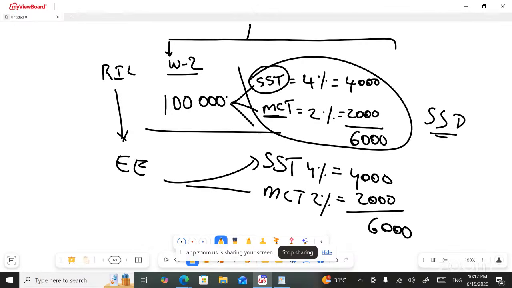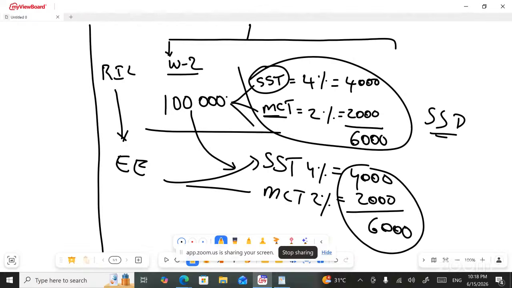So this is the scenario we have to follow. In our case, at the time of payment of salary to the employee, the employer will not hand over the entire 1 lakh rupees directly to the employee. Out of this 1 lakh, the 6,000 contribution to be made by the employee will be deducted. That means 1 lakh salary is to be paid to the employee, and the employee contribution will be deducted by the employer.